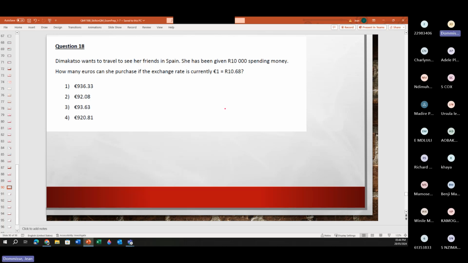Okay, I've seen in some of the papers they talk about exchange rates and things like that. I just wanted to make sure that we at least cover one, if there is something of this in your exam. I haven't really seen other questions like this.